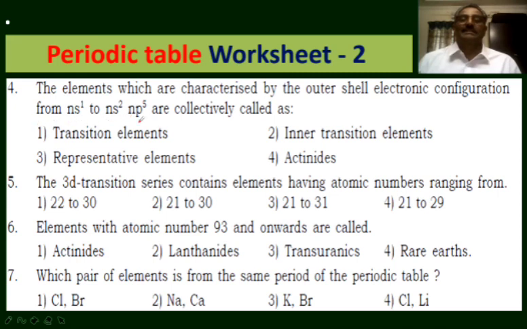All these elements are collectively called as representative elements. This is the general electronic configuration of representative elements. The general electronic configuration of representative elements is ns1 to 2, np 0 to 5.